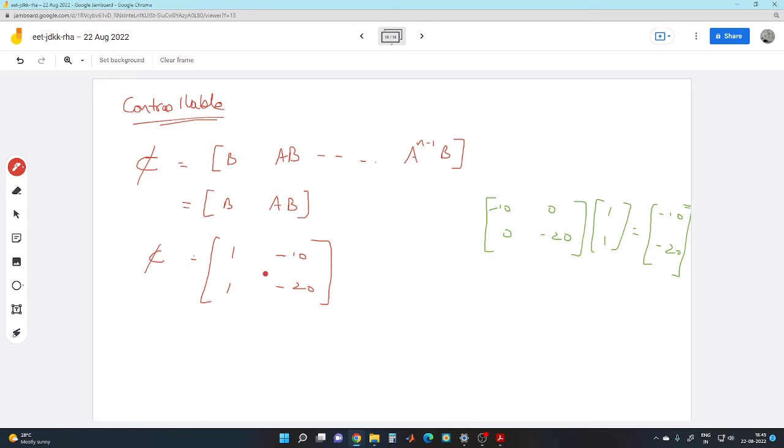So the rank of this matrix, because none of these rows or columns are identical, remains as 2. So rank is 2, which means the order of the system is the same as the rank of this controllability matrix. So this system is controllable. Conclusion is the system is controllable.